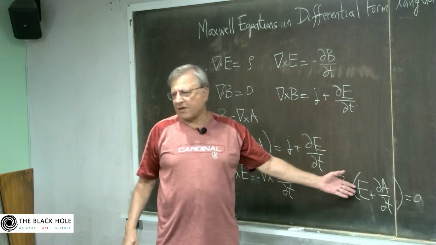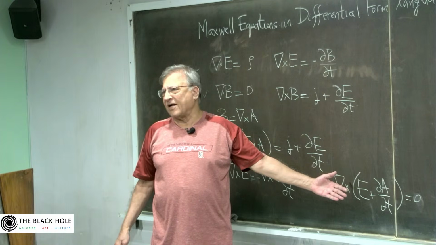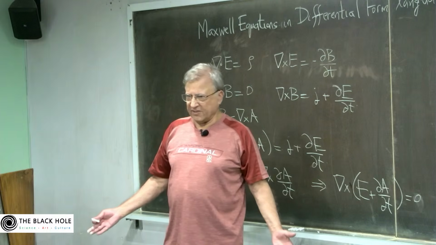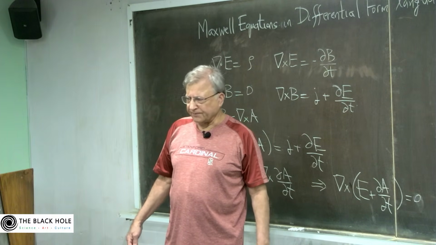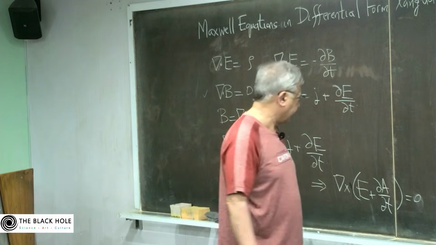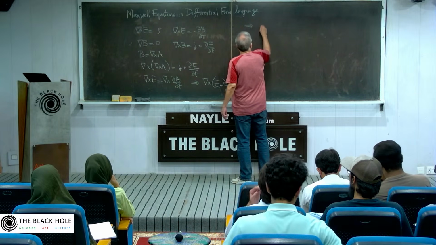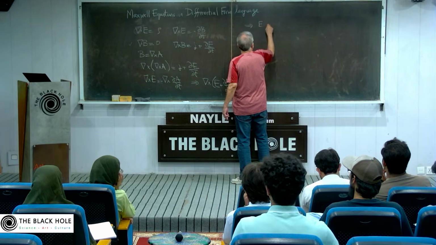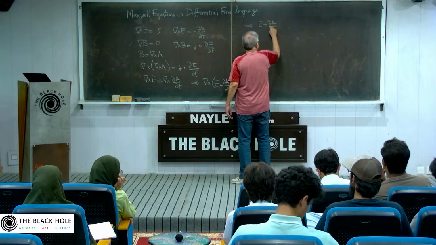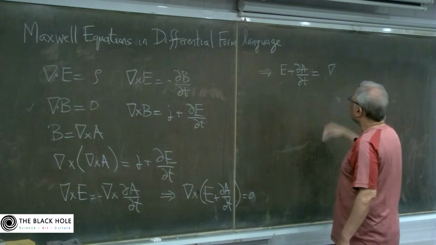And if the curl of something is 0, then that means that this thing is the gradient of something. And so we can call it phi. Which means that E plus dA by dt is equal to the gradient of something.